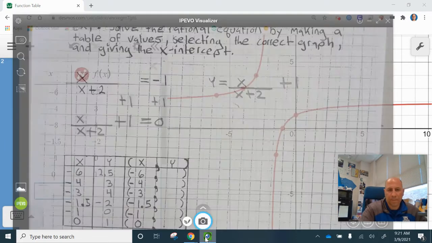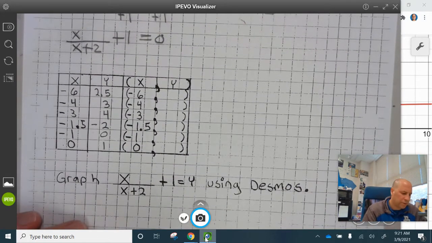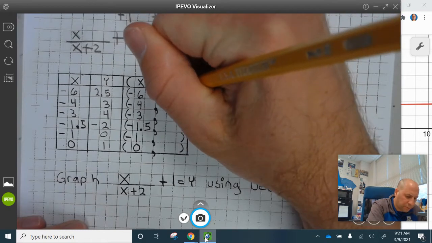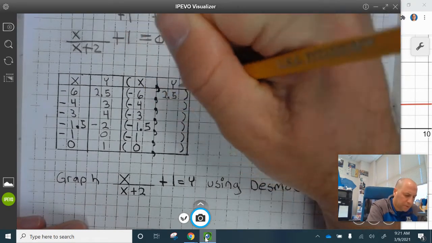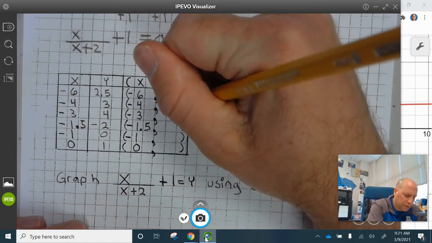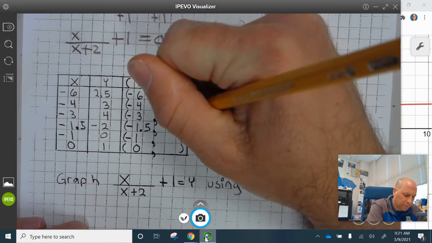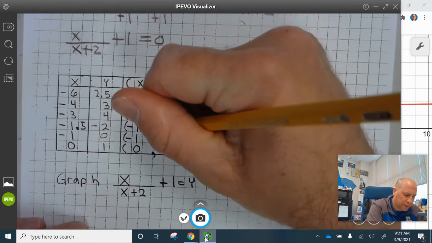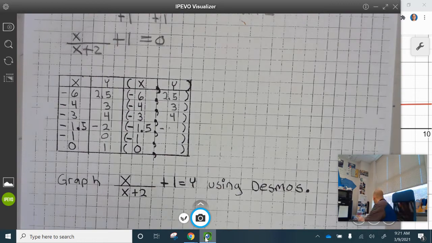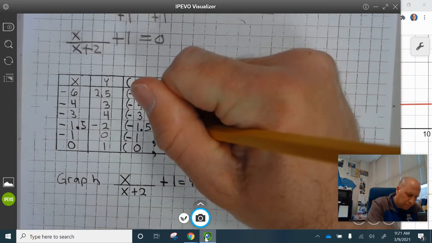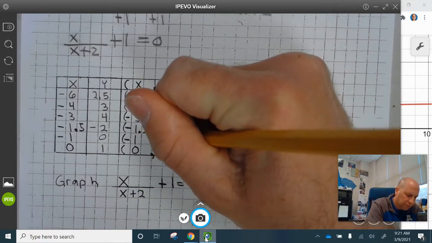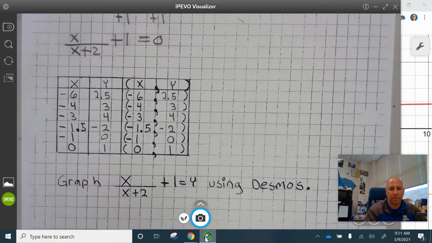All right, so there's our points. So that means we have negative 6, comma 2.5, negative 4, comma 3, negative 3, comma 4, negative 1.5, comma negative 2, negative 1, comma 0, and 0, comma 1.